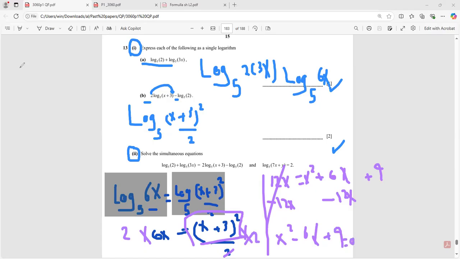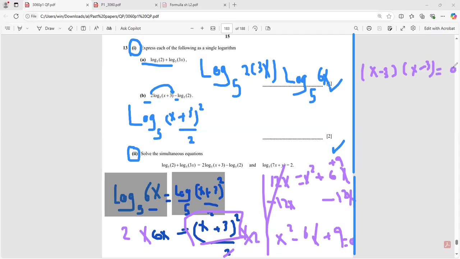So here we can complete the square: x minus 3, and also multiply by x minus 3, equal to 0.